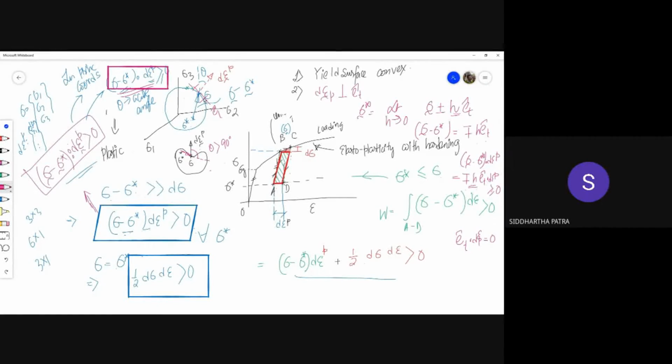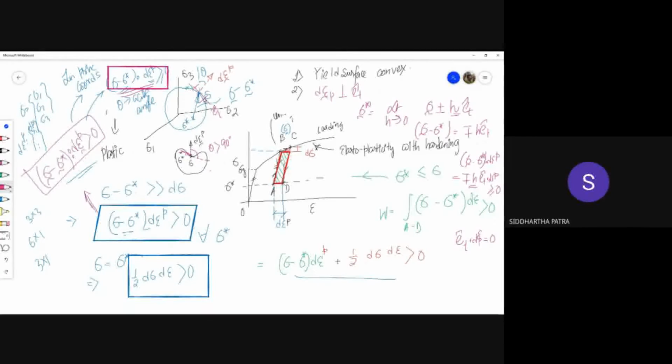Okay, so it tends to 0. So sigma star can be any stress within the yield surface. Now this within is for a continuous system, because sigma star can have any real value less than the yield, what satisfies the yield condition.